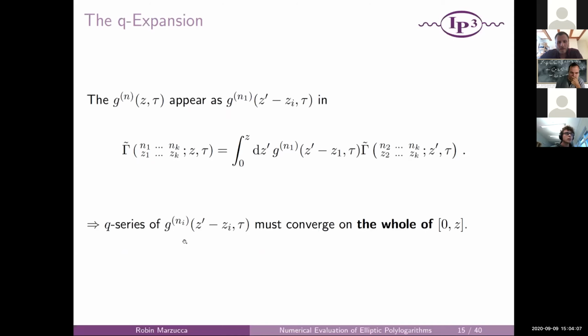So the Q series expansion of these G's must converge on the whole straight line from 0 to z. And then we can perform the expansion and do the integration afterwards.